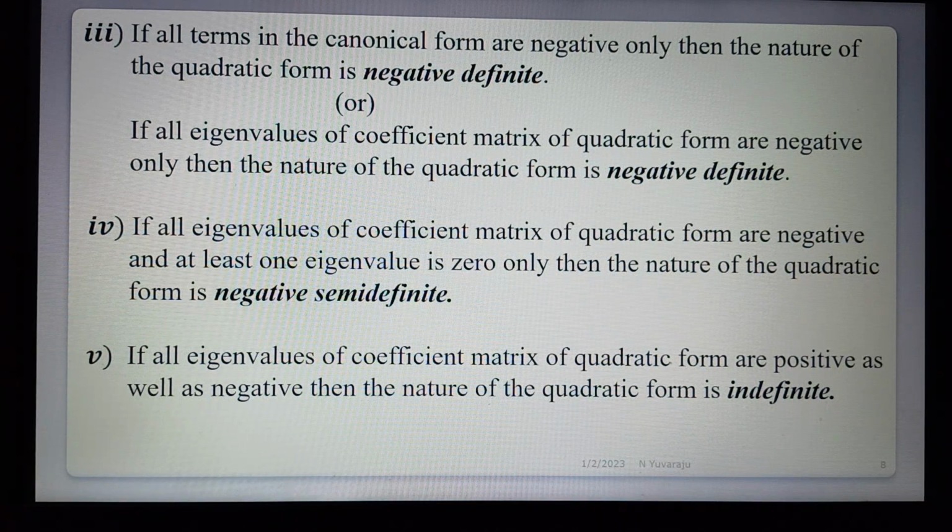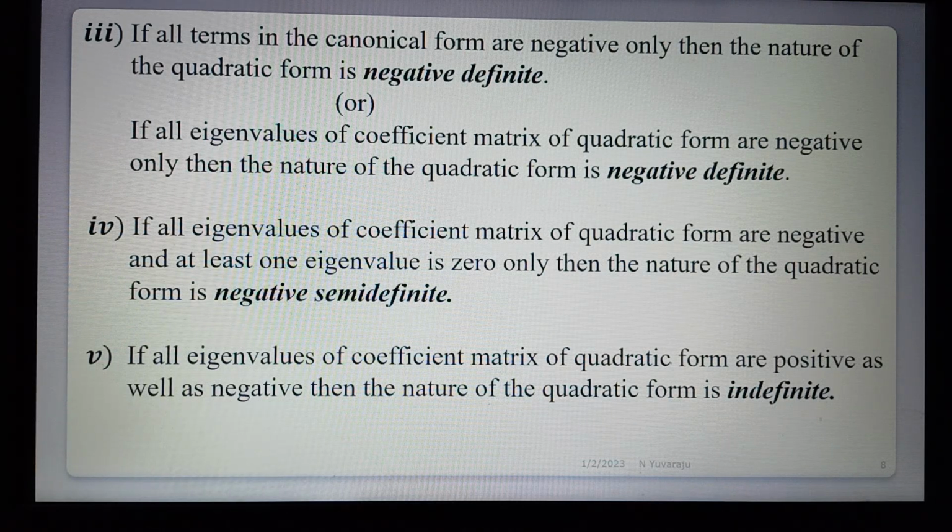if the eigenvalues of the coefficient matrix of the quadratic form are both positive as well as negative, then the nature of the quadratic form is indefinite. And if the terms in the canonical form are positive as well as negative, that is, both negative and positive values exist, the nature of the quadratic form is indefinite.